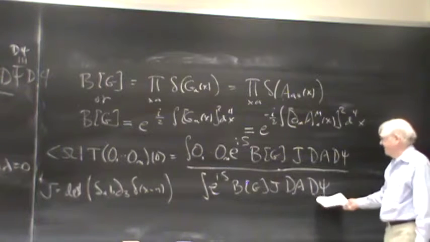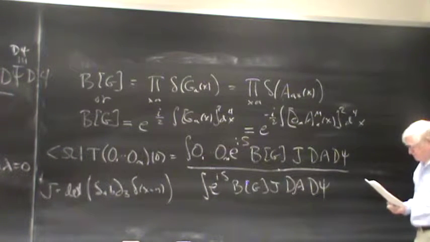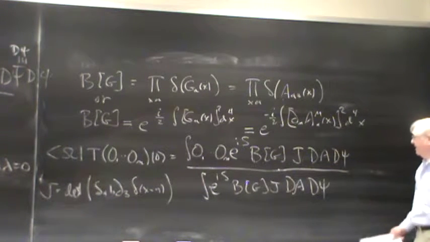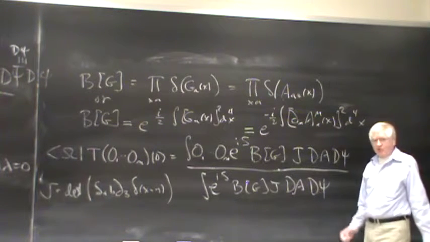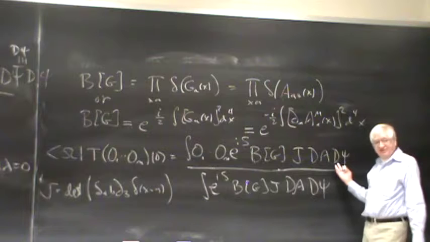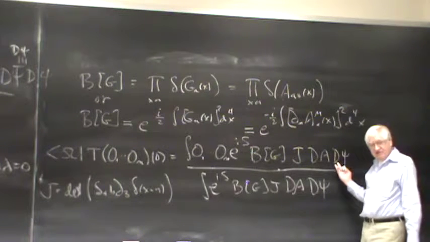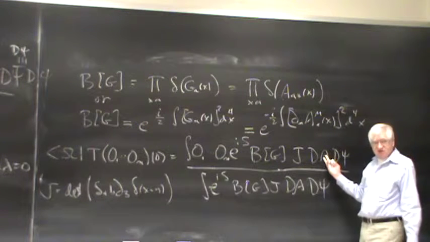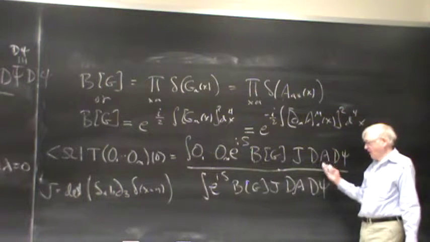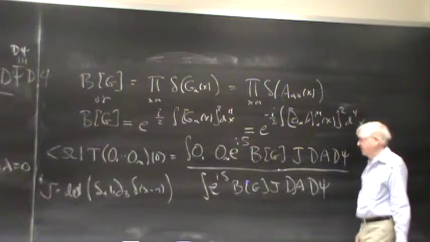So we want to understand basically this. And now we're going to use that same trick that we did before, namely we think about shifting by a gauge transformation. If we shift the numerator it doesn't change, so we can shift one way in the numerator, a different way in the denominator.